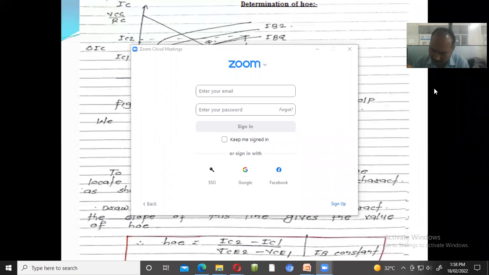ओके. Sir, क्वेश्चन एकाच पेजवर लिहायचा का? कोणते, असाइनमेंटचे?